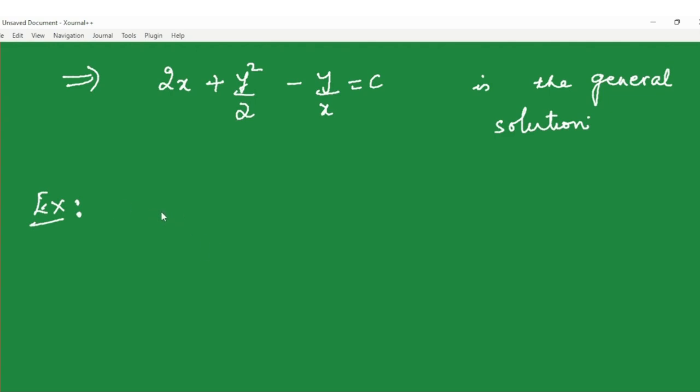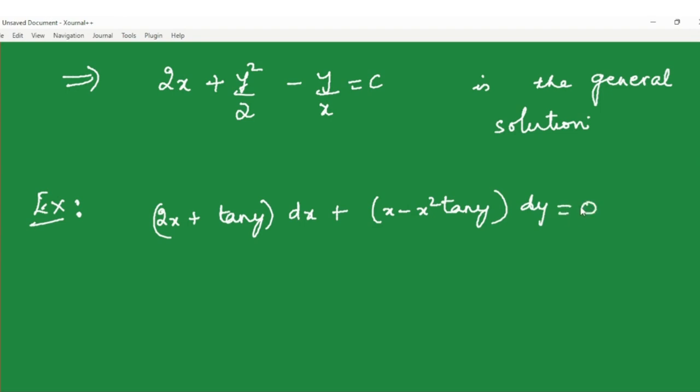Suppose the question looks like (2x plus tan y) dx, suppose this is the question, (x minus x square tan y) dy equal to 0, and we are expected to solve it. Now the format, whenever we see an equation in the form M dx plus N dy equal to 0, we are prompted to check its exactness, and if it is exact, we are prompted to use the procedure of solving exact differential equations to solve it.